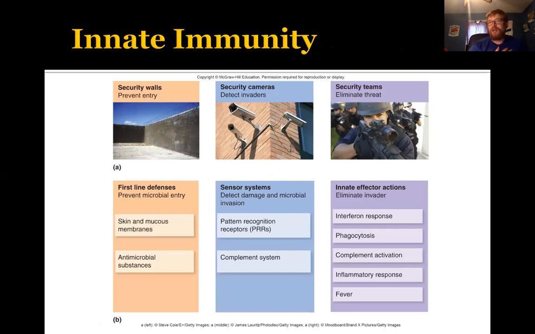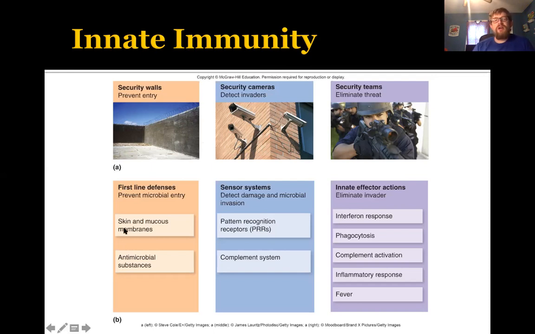If you like The Walking Dead on AMC, well, specifically, I like Fear the Walking Dead. I like that more, but that's just me, right? But this idea of, you know, they would set up a settlement and they're trying to keep something out. And so here you have your first line, right? You have your security walls, right? So that's meant to deter. Here you can see they have their barbed wire up. And so hopefully, right, that scares away the threat or prevents it from getting in.